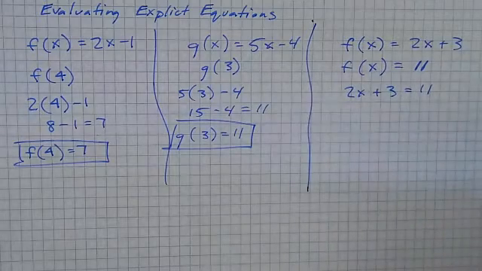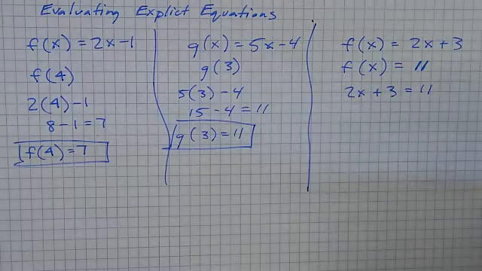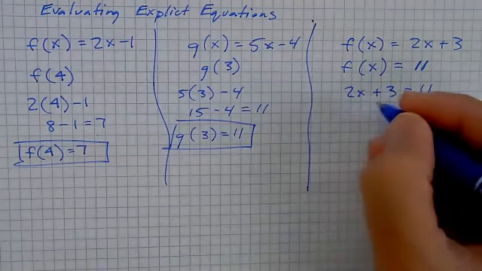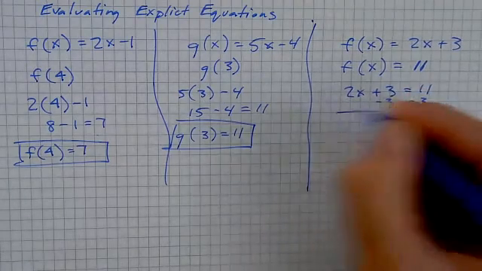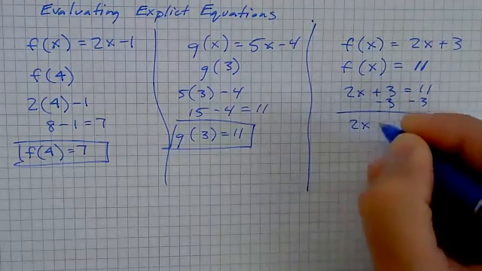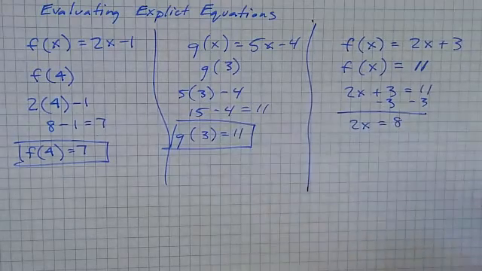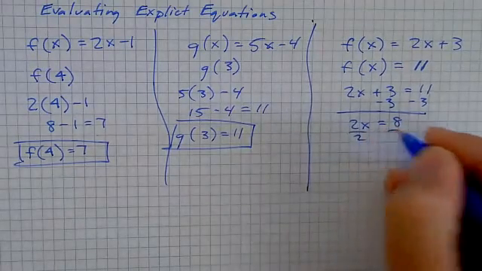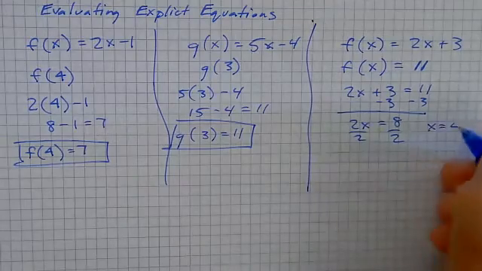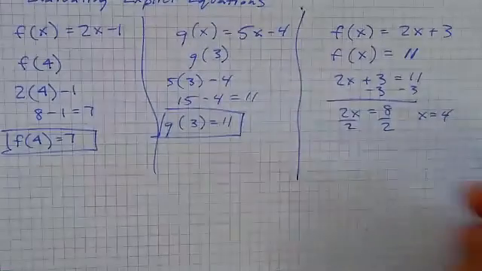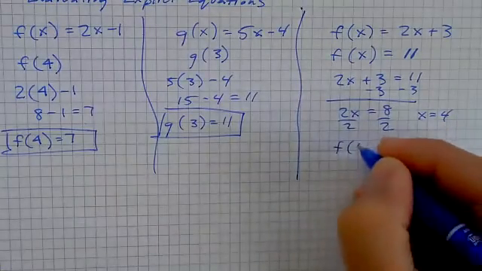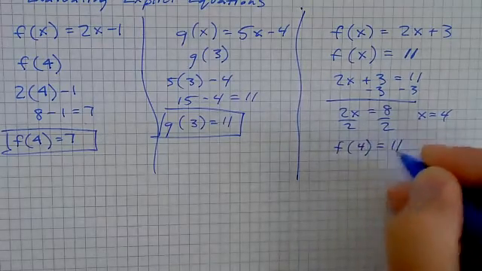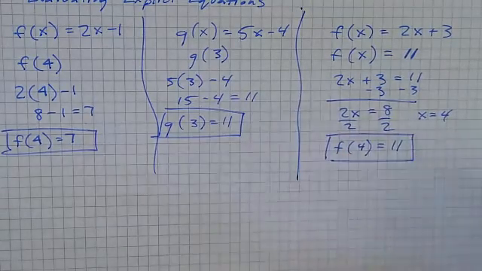We're trying to solve for whatever our input would be there for x. Let me subtract 3. So we get 2x equals 8. x equals 4, which would then be our input. So f of 4 is going to give us that output of 11 that we're looking for.